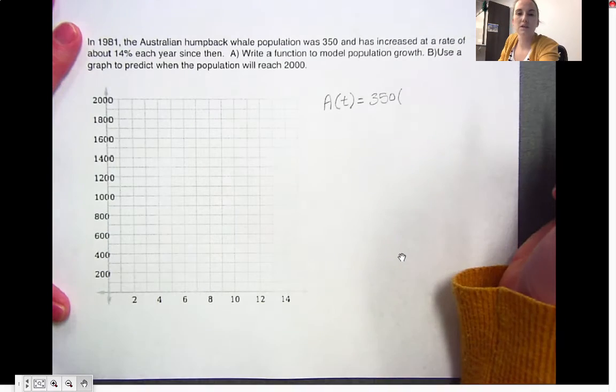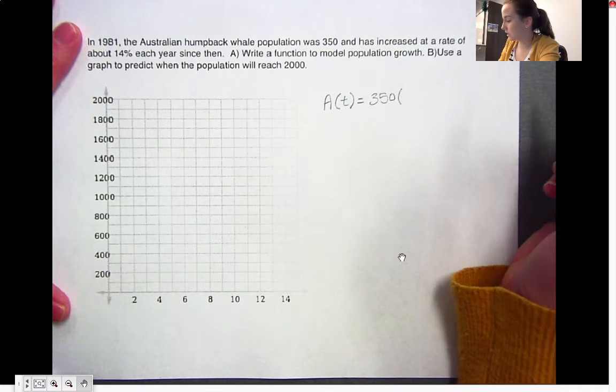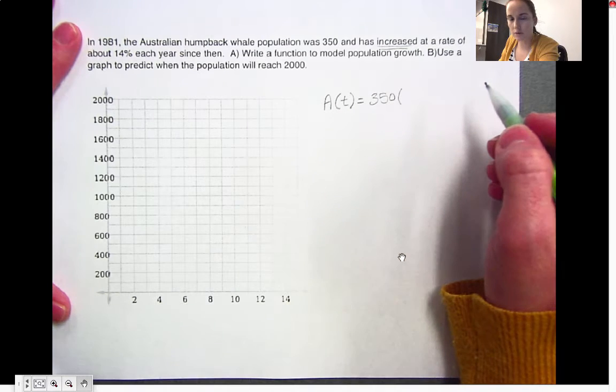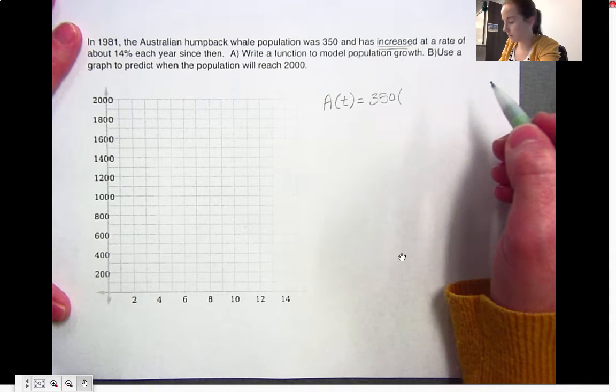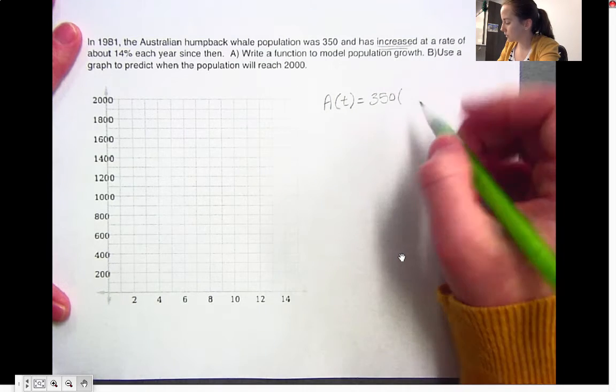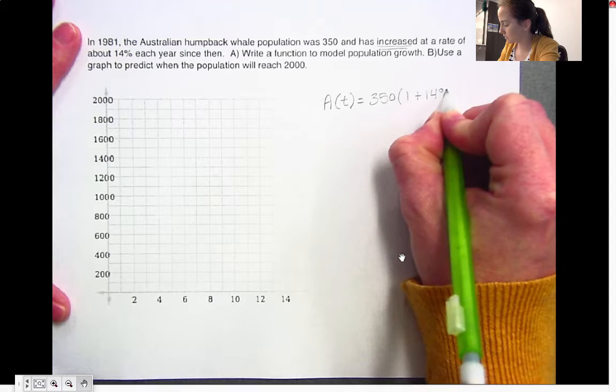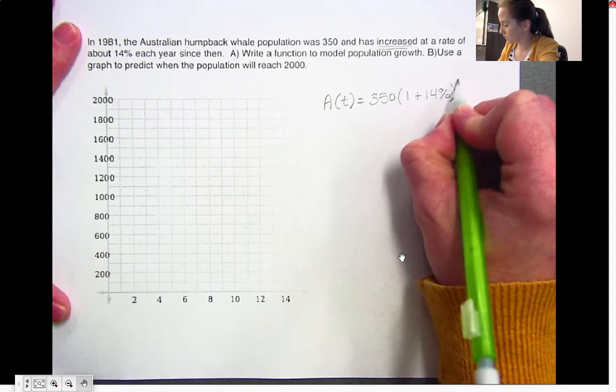And I look to see whether it's increasing or decreasing, and it does in fact say increase, so that makes it very easy. I don't have to try to figure out what a word means. It says increase, so I know it's 1 plus the 14%, being the rate, all to the t power.